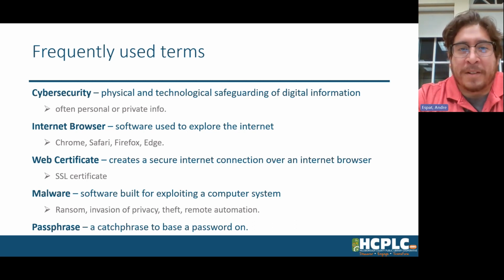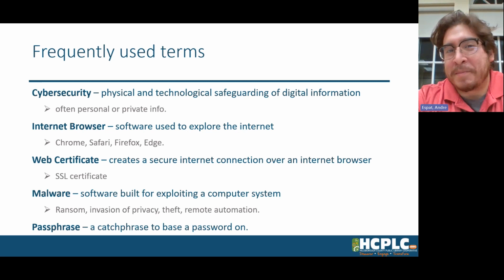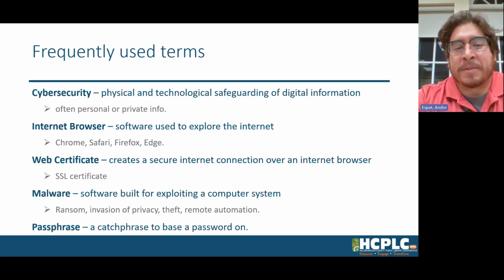Next, we have malware. We're all hopefully aware of what a malware is. It's software built for exploiting a computer, whether intentionally or not. There is a history of malware being unintentionally made, but today we're going to go over specifically the stuff that's intentionally done so. That includes ransomware, which we've seen a lot in the news lately, or at least in the past couple of years. Malware that invades privacy, so just spying on you, keeping track of you, stuff like that that you wouldn't want happening otherwise.